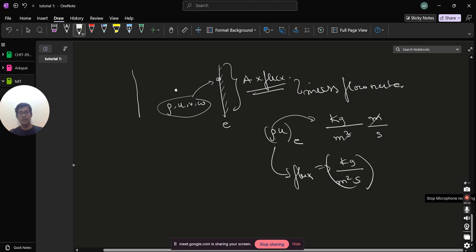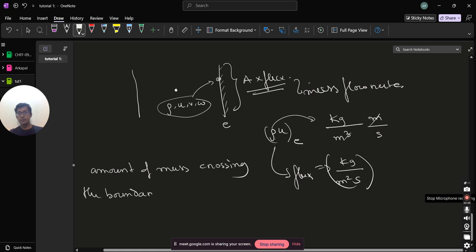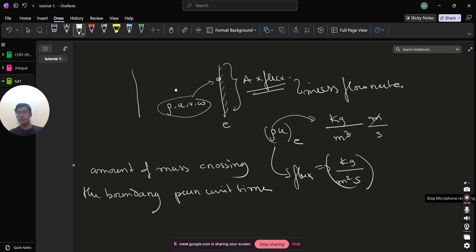So it tells us the amount of mass crossing the boundary per unit time per unit area.